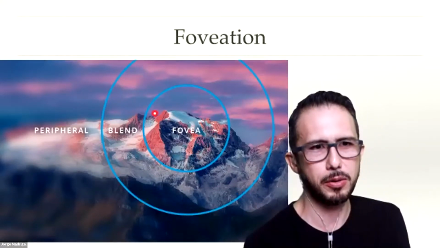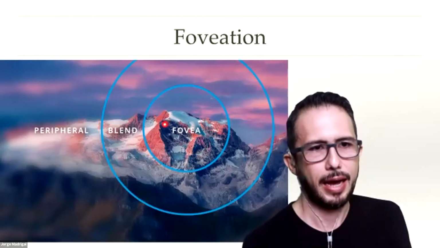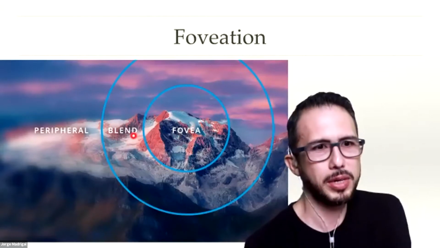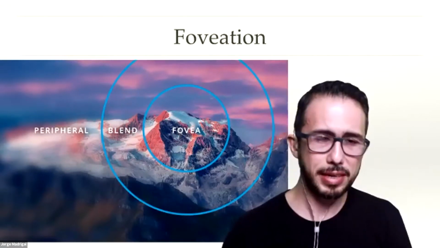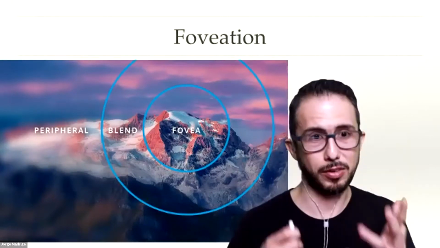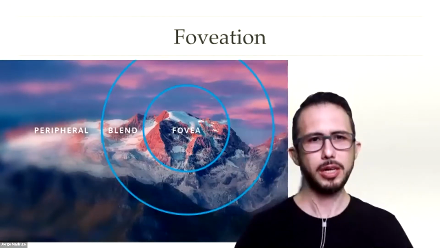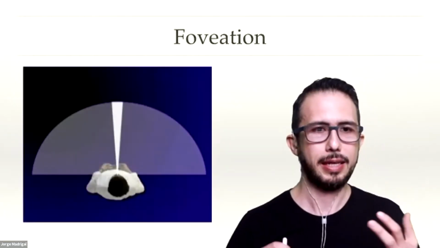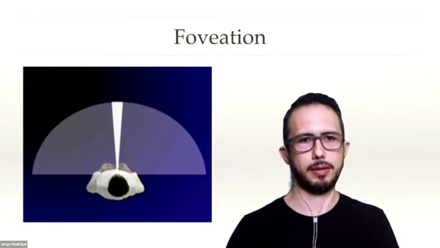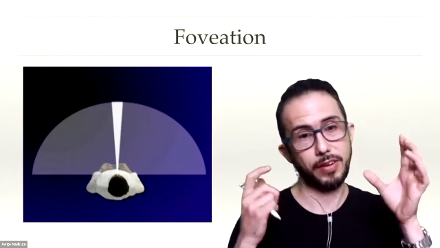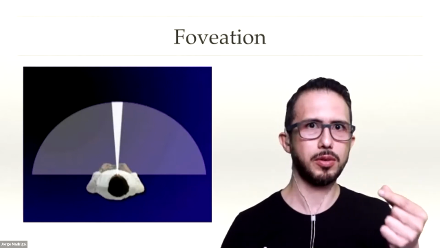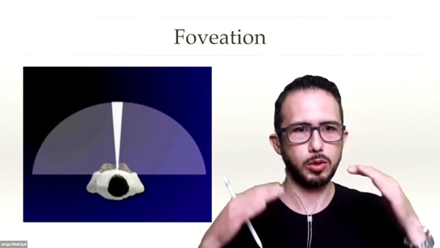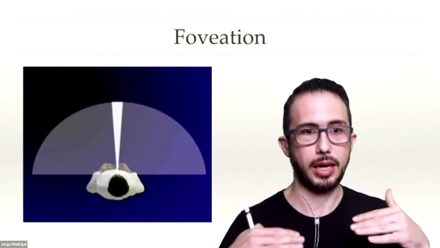We have very good visual acuity here, and as we move away from the fovea, we start to lose visual acuity. So what happens when we move our head? Well, the problem is that if I'm looking at something and move my head, and I can only see very well with good visual acuity in the center of my fovea, I need to have a system to stabilize my image when I am moving.